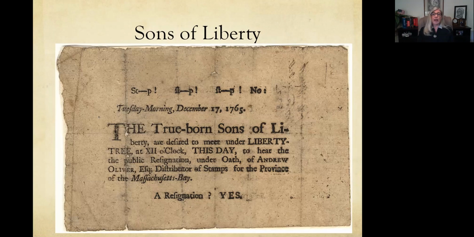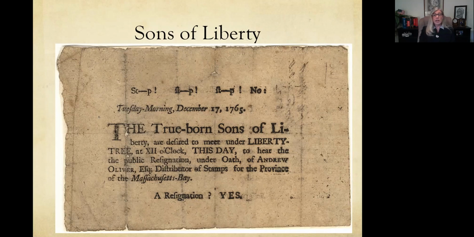Notice this flyer advertising people to join in with the Sons of Liberty and to not get involved or not to pay these stamps. So we've got: the true born Sons of Liberty are desired to meet under the Liberty Tree at 12 o'clock this day to hear the public resignation under oath of Andrew Oliver, Esquire, distributor of the stamps for the province of Massachusetts Bay.